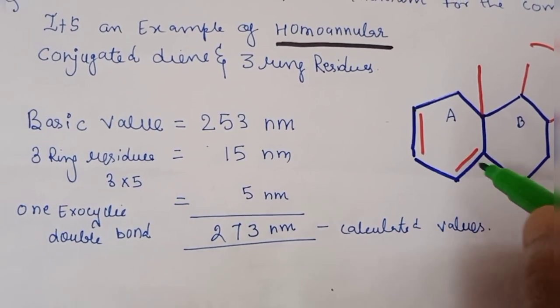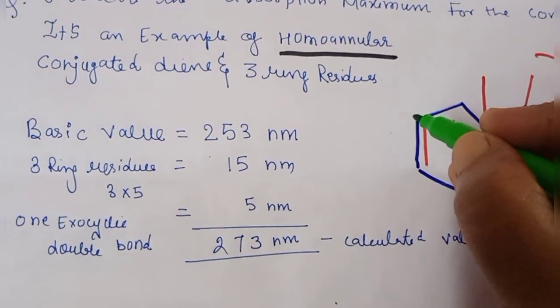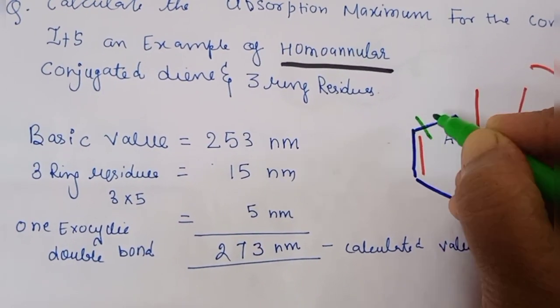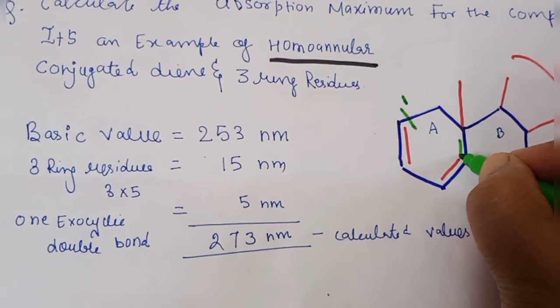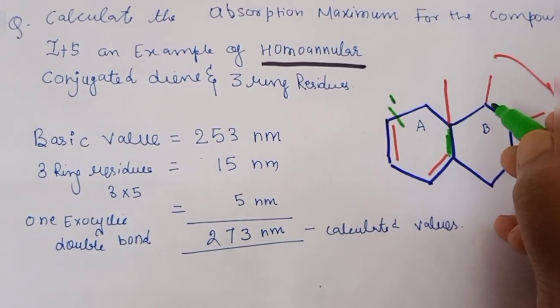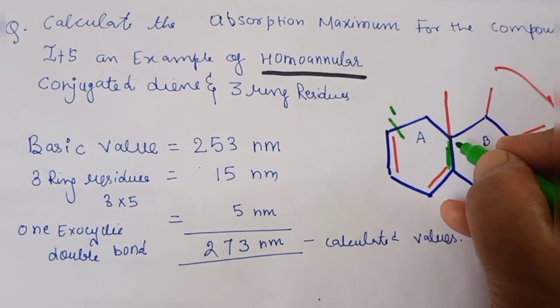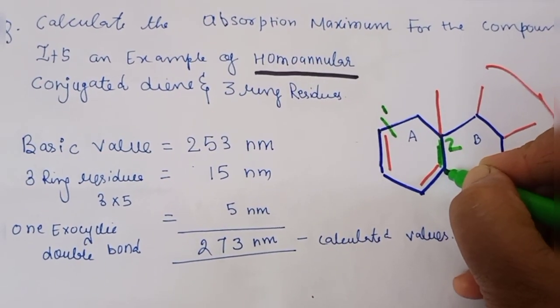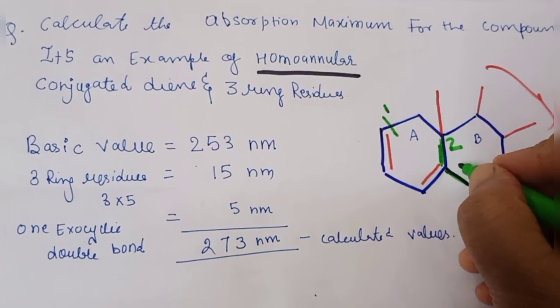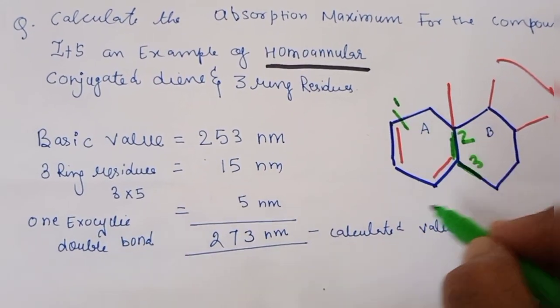So one part is directly attached. So this is the first ring residue. Second will be this part, and we don't see these red lines because they are the part of the ring residue itself. So this is the second, and third part which is directly attached with our main system is this. So there are 3 ring residue.